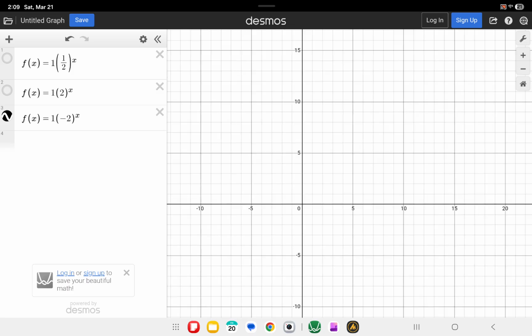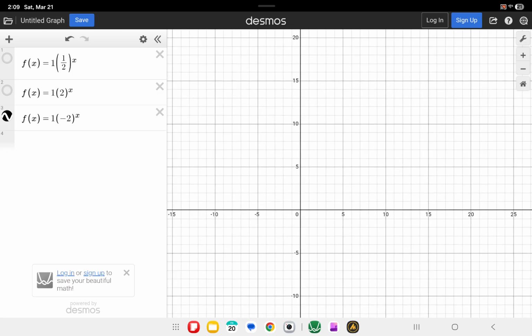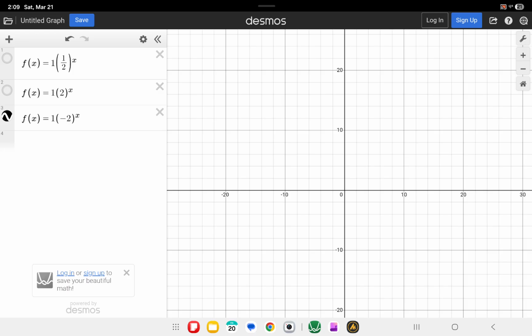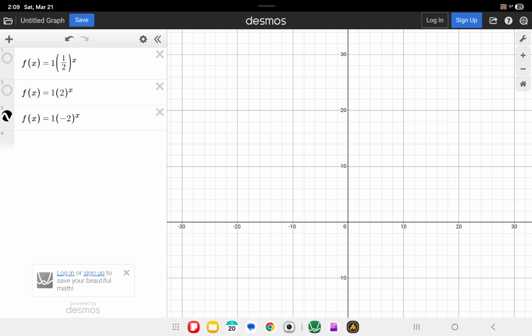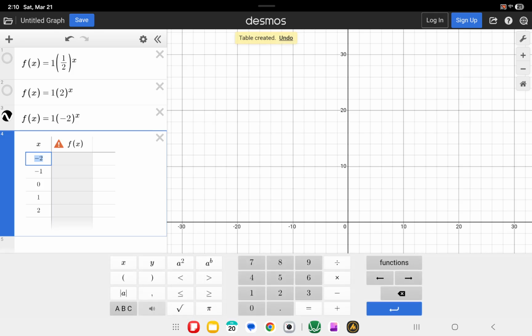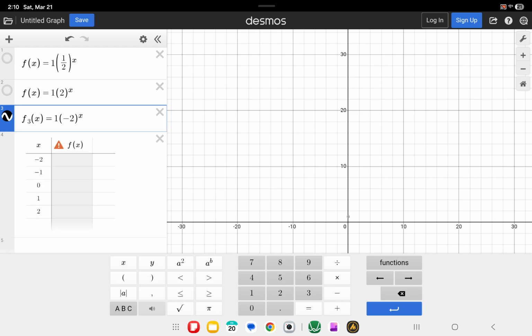It is not showing me anything. It should show that I've got something graphed because I've asked it to do something. So let's look at our table. It's giving me an error message. It says I have defined f in more than one place. Let's do this as f3 of x now.